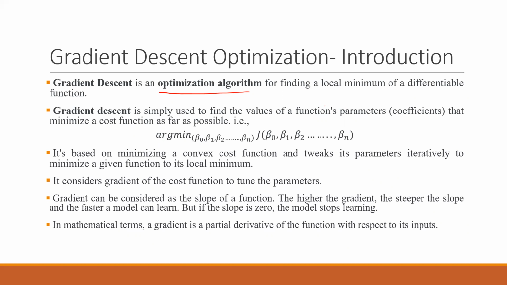The different betas were differentiated with the function. And the same thing has to be done for n plus 1 number of betas. So gradient descent is simply used to find the value of a function's parameters that minimize a cost function as far as possible.